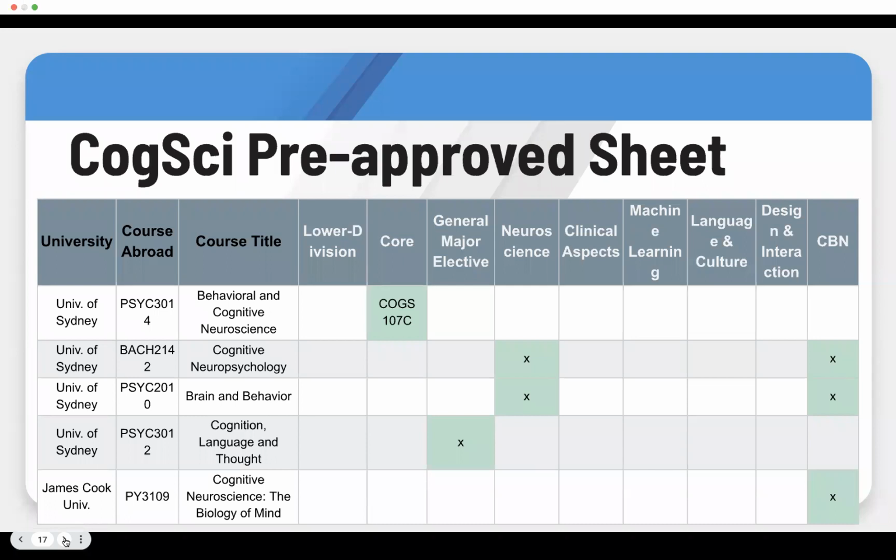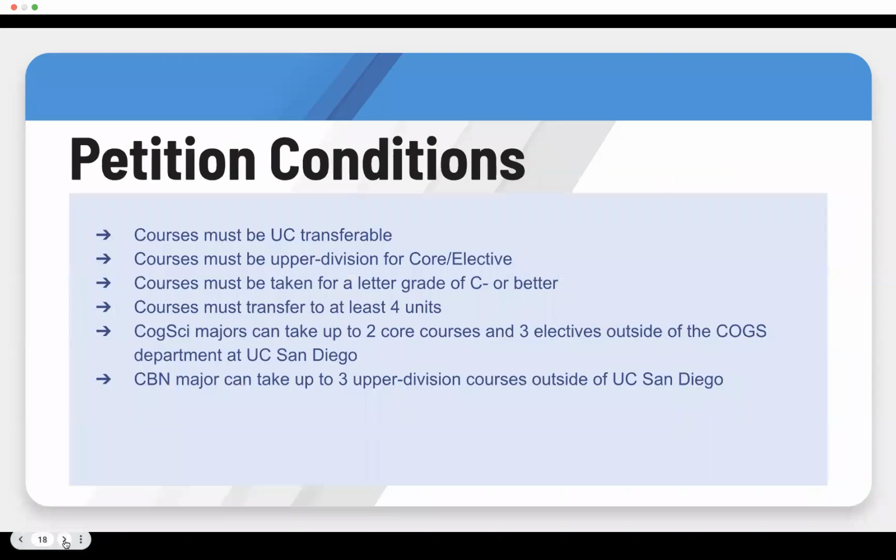And next slide, please. And here are some of the conditions for students when they come back and petition the course. For us, the courses must be UC transferable. And if they want to use it toward their major core or elective, it has to be upper division. We do ask students to take major courses with a letter grade of C- or better, and it must be transferred as at least 4 units.